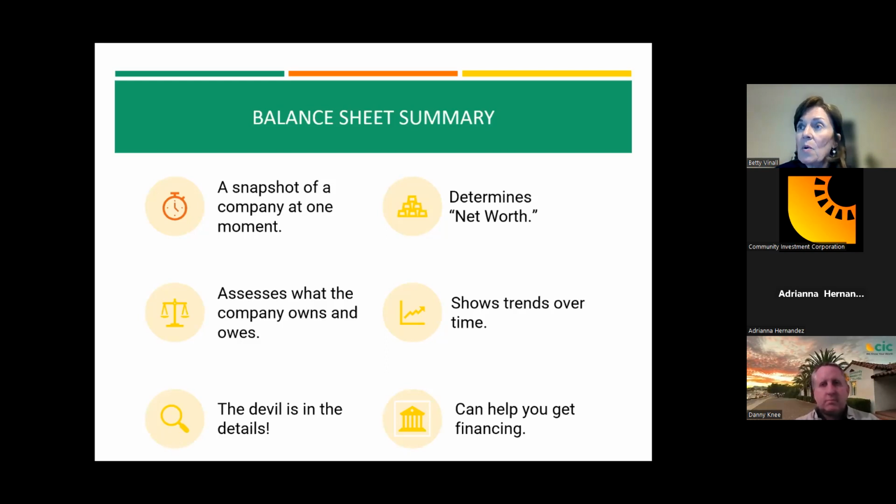So when we're talking about getting financing, it's just like what I was saying a few minutes ago, where being able to show a lender that you've been able to maintain your cash flow, that you haven't taken on an extreme amount of debt, and your net worth, along with your profit and loss, really gives that lender the documents they need to determine if they are going to issue you financing.